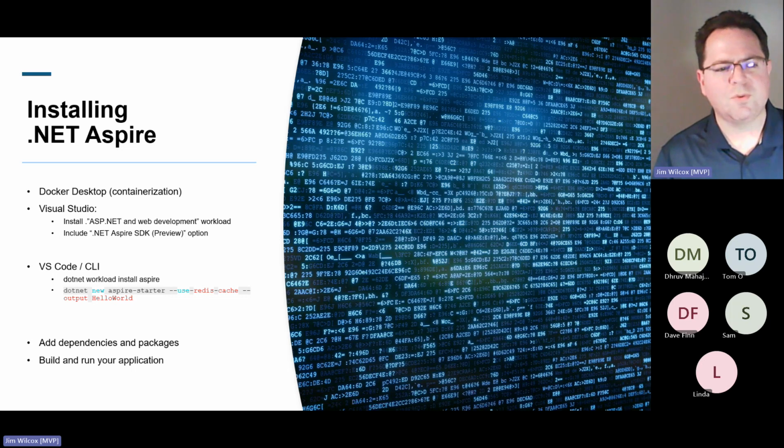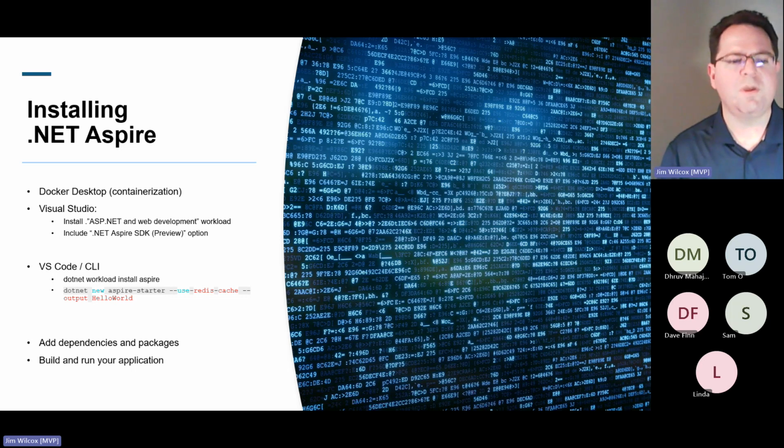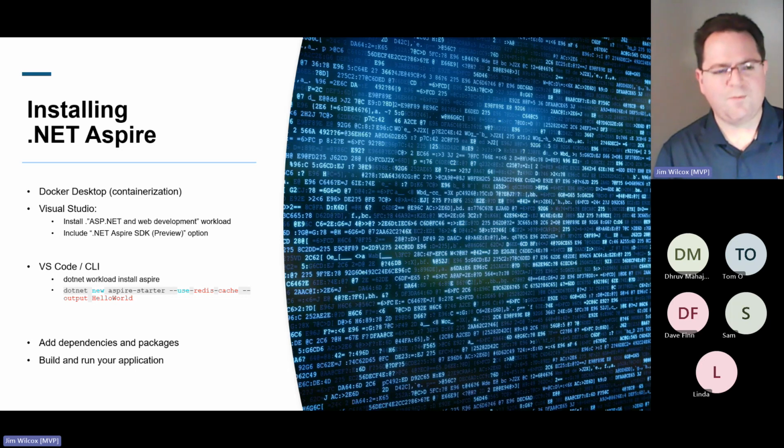So in the Visual Studio installer, for the preview edition, understand that right now it's early 2024 still, and at this point, Aspire is still a preview feature. In order to play with it, you need to install Visual Studio 2022 Preview, and it's a feature that you can install from that.